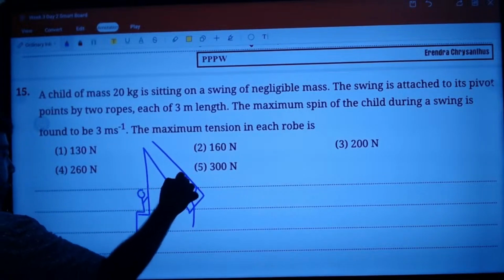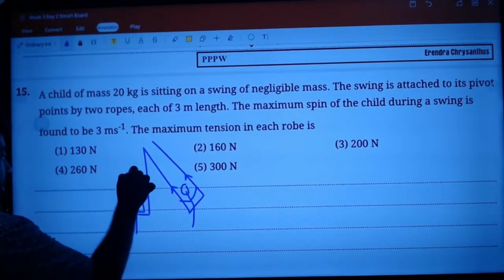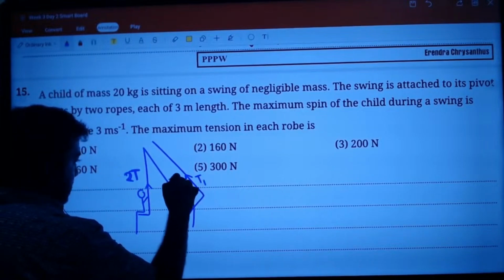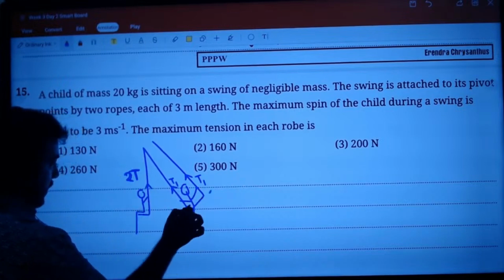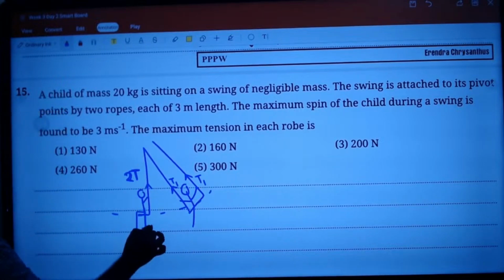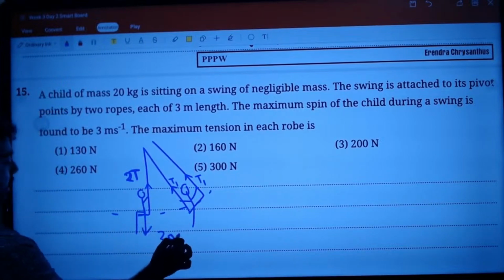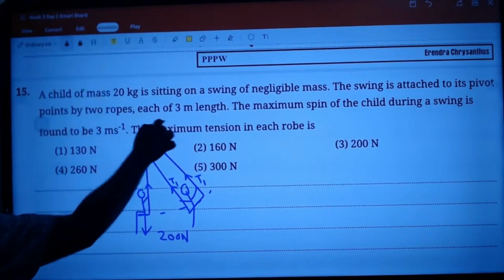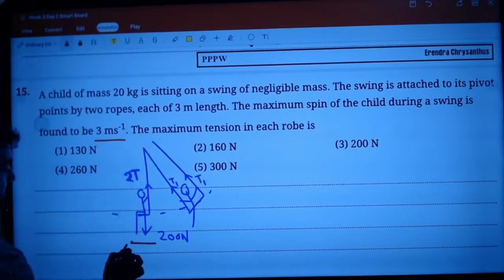So she is holding both. So the tension is 2T. So here 2T, don't forget. This tension T, I have put here as 2T. Swinging here. Mg here is going to be 200 newtons. There you go. The speed at the lowest point is going to be 3 meters per second.